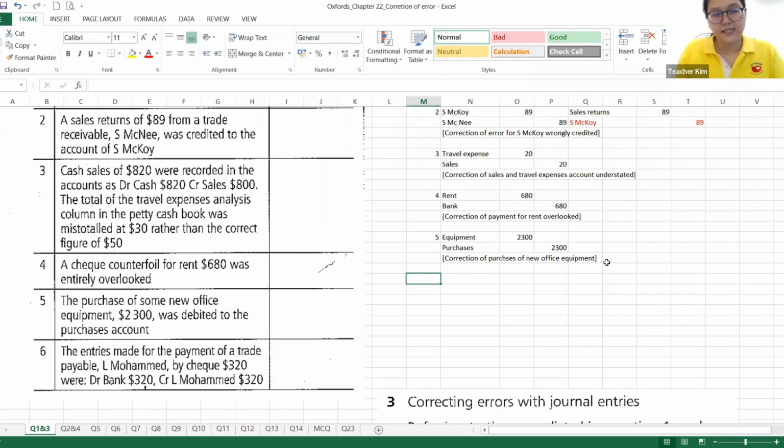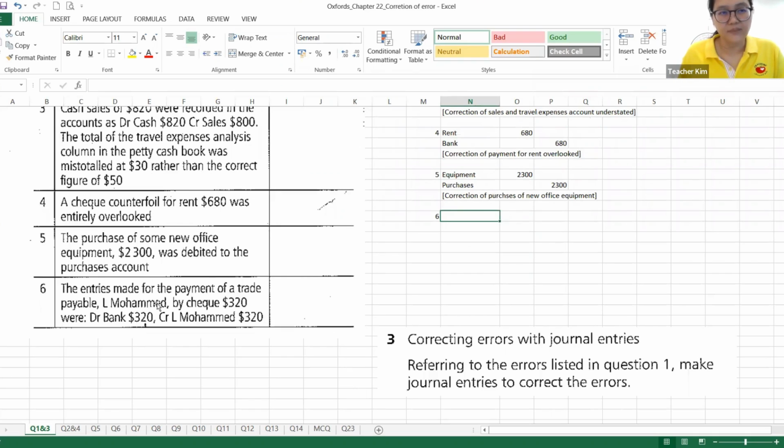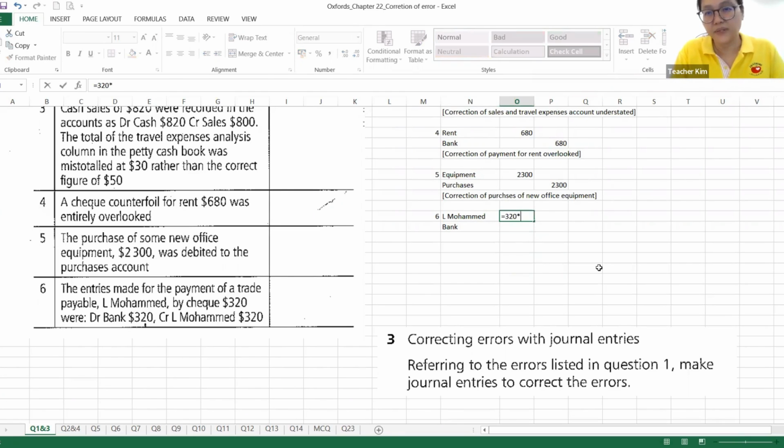Now next, 6. The entry made for the payment. This is a complete reversal. As I said just now, when you have a complete reversal, you have to double up the amount. So we pay to Al Muhammad, who should be the one receiving the money. Bank should be given up. But the amount has to be doubled when you have a complete reversal.